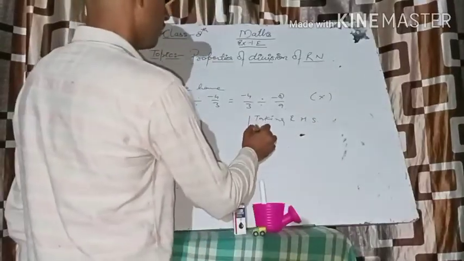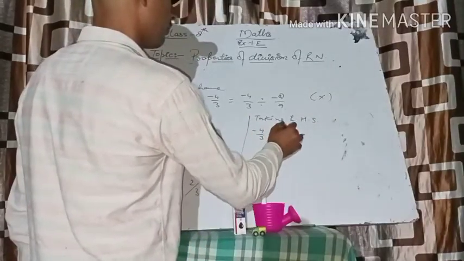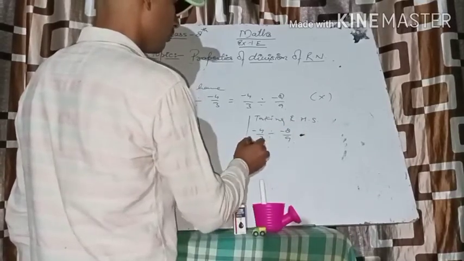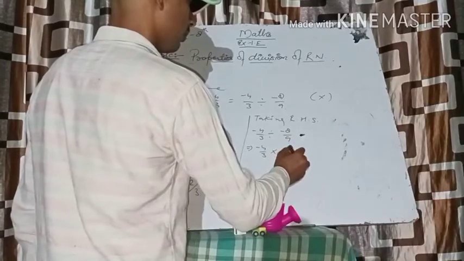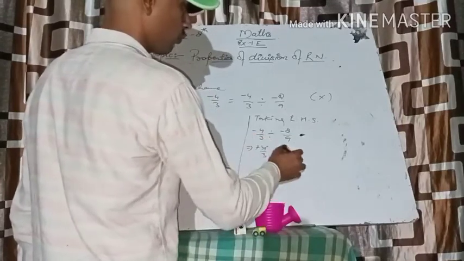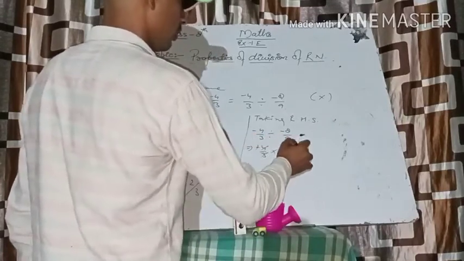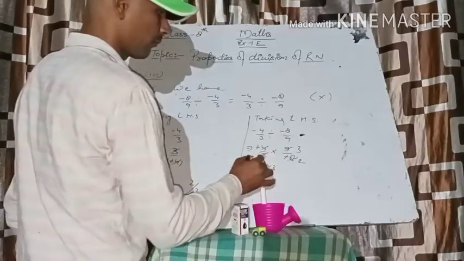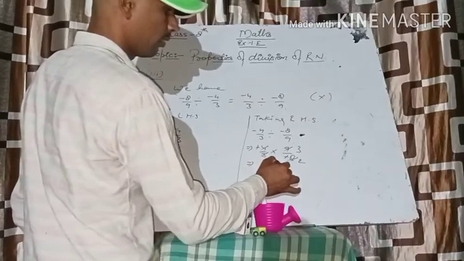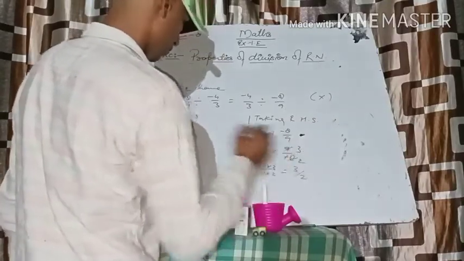Here minus 4 by 3 divided by minus 8 by 9 implies minus 4 by 3 multiplied by 9 by minus 8. Minus and minus cancel, 4 into 8 and 3 into 9. So here your answer becomes 1 into 3 by 1 into 2, that is 3 by 2.